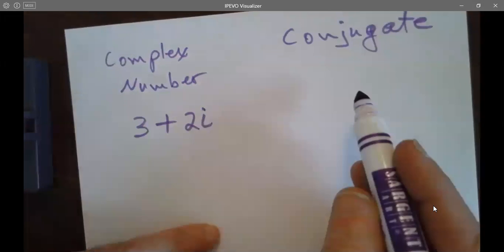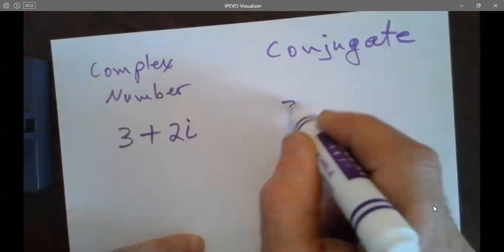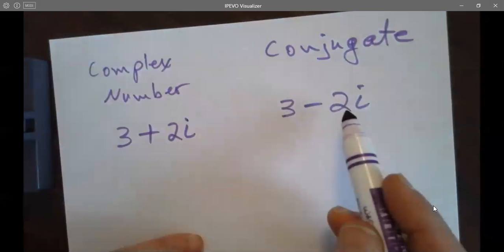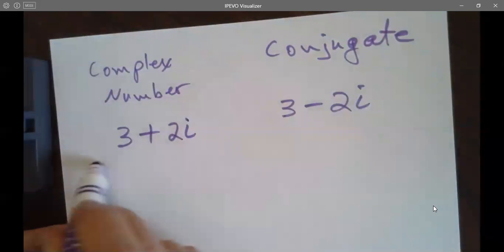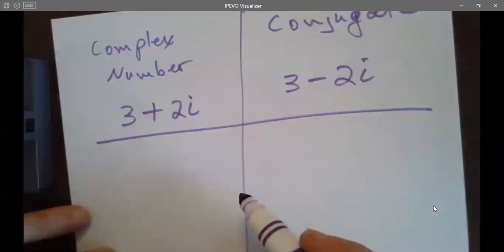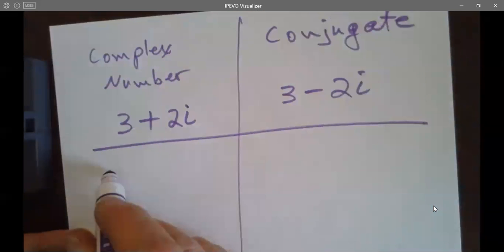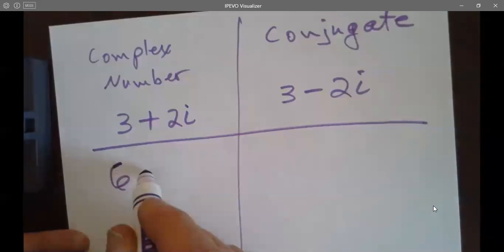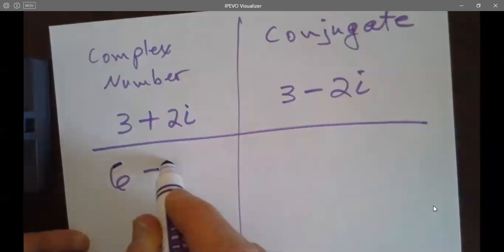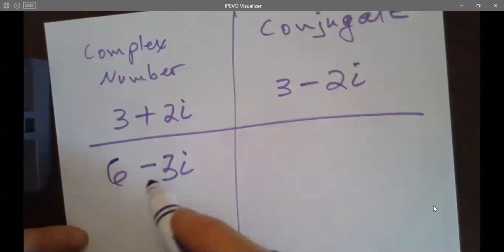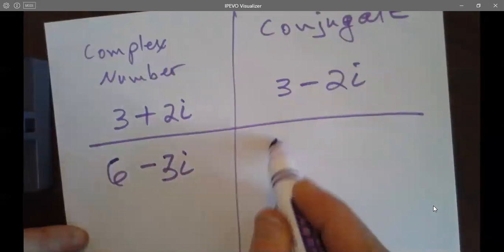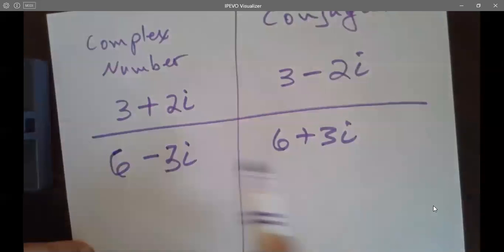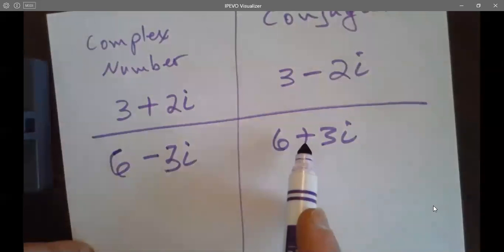The conjugate would be 3 minus 2i. So the only thing that's changed is the sign. Okay. Now let's say we had 6 minus 3i. Well, the conjugate would be 6 plus 3i. The only thing that's changed is the middle sign.